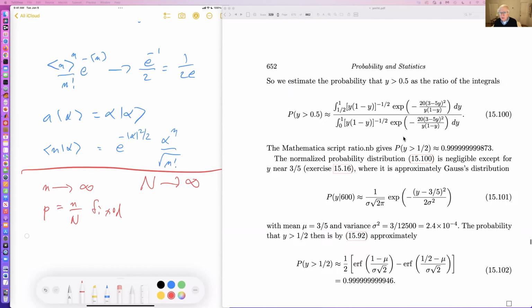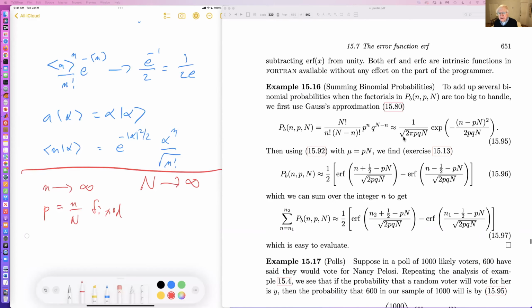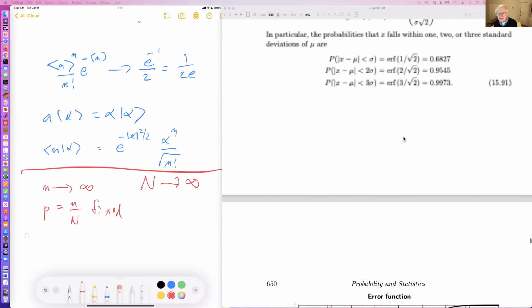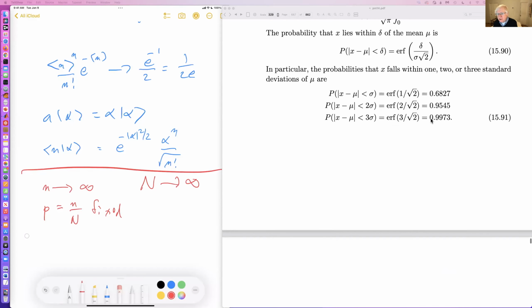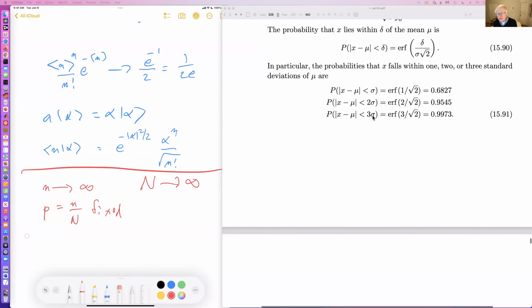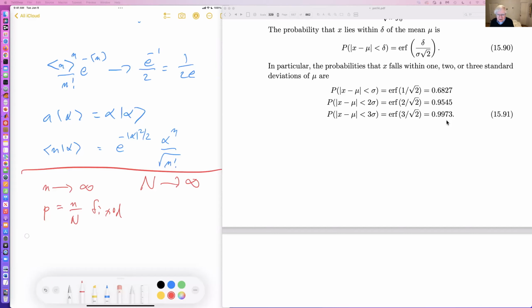In other words, what we're saying here is that if we go back to this, a 3 sigma result means that the probability that the thing is right is 0.9973.